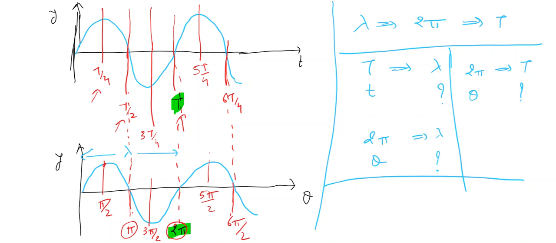Now try to relate 6 pi by 2 with 6T by 4, 5 pi by 2 with 5T by 4. So that is how wave propagates. That is how time changes. That is how phase changes.